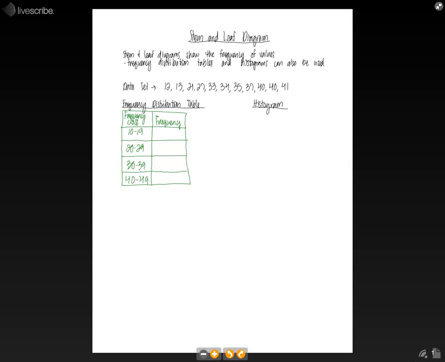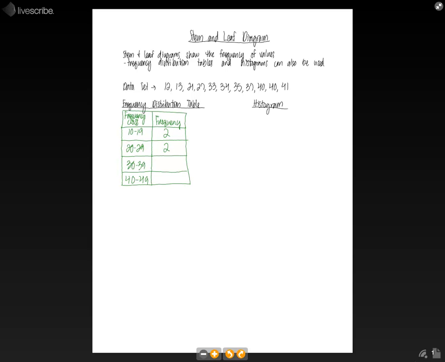Now we want to find how many numbers fall within each frequency class. For 10 to 19, we have the numbers 12 and 13, so it has a frequency of 2. For 20 to 29, we have 21 and 27, so again our frequency is 2.